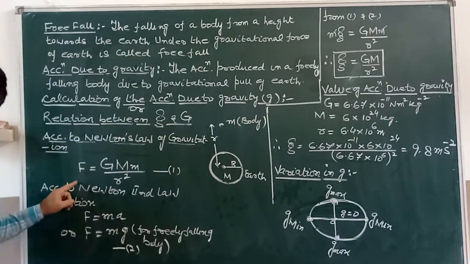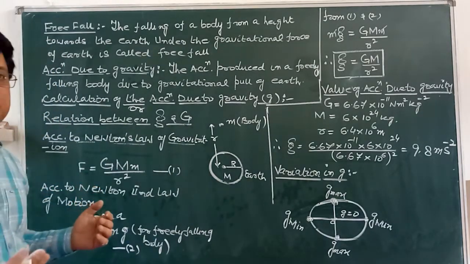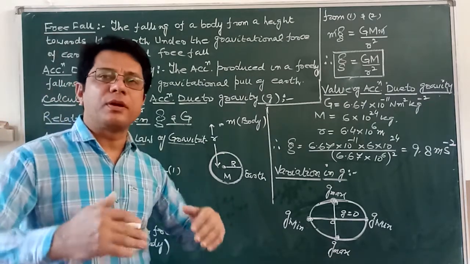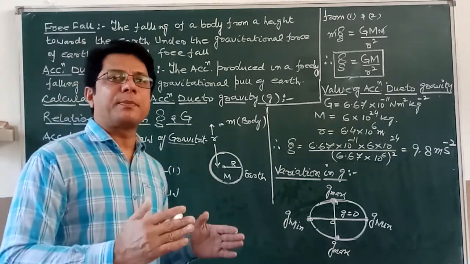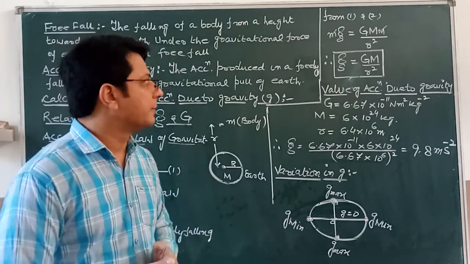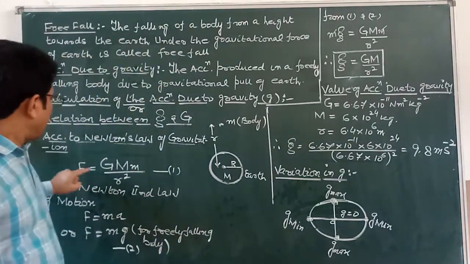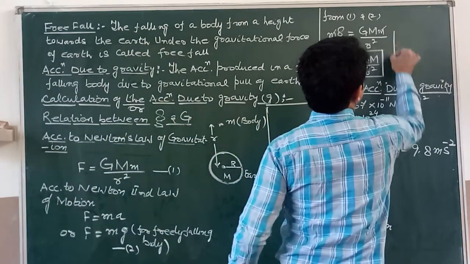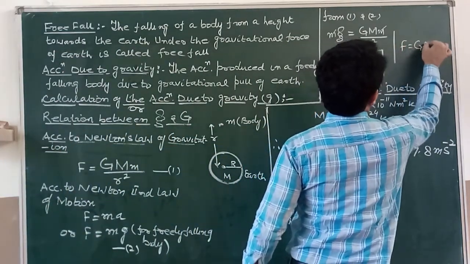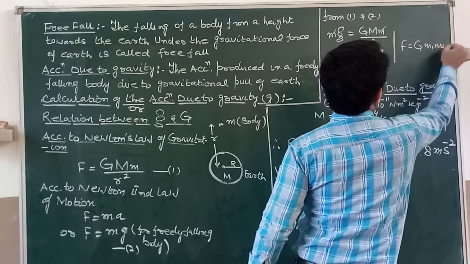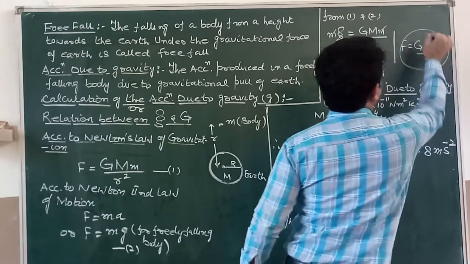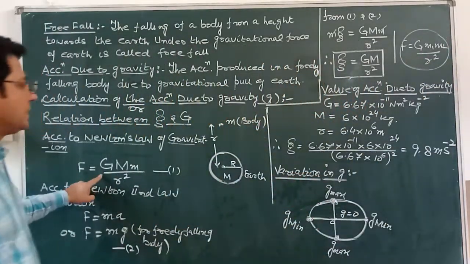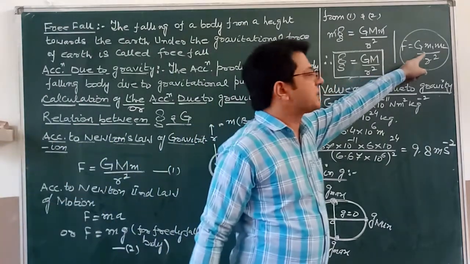And you know, the force of attraction between two bodies is directly proportional to the product of their masses and inversely proportional to the square of the distance between them. So F is equal to G M1 M2 upon R square, which you discussed last time. G means gravitational constant, M1 means mass of the first body.